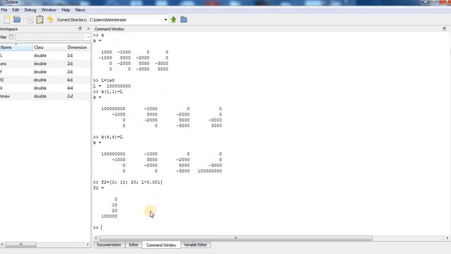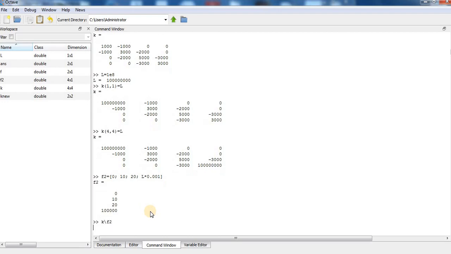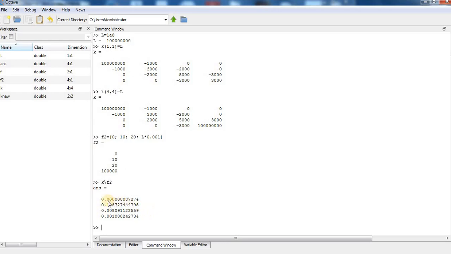So this is L. And now if you do the same process, F2. So these are the displacements you are getting. See, you are getting approximately 0 at the left end and approximately 0.001 at the right end, and these are the displacements at DOF2 and DOF3.